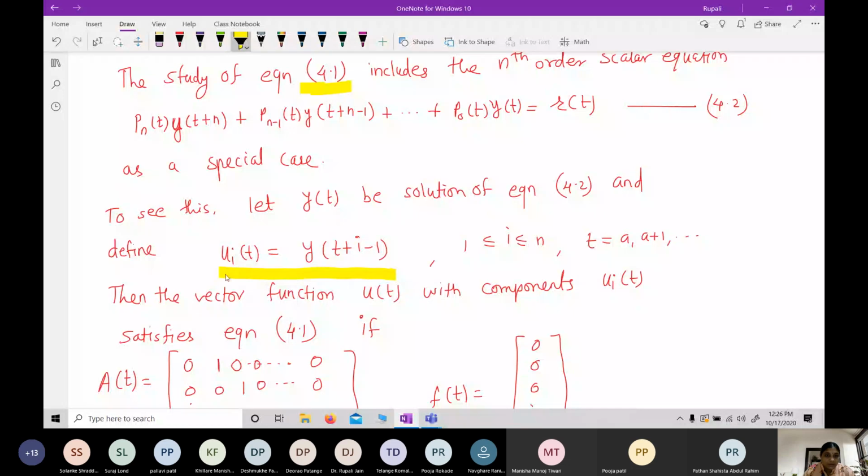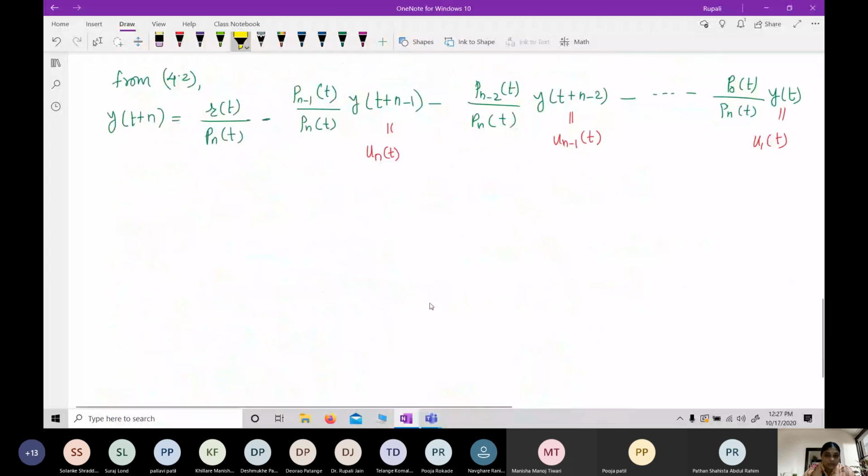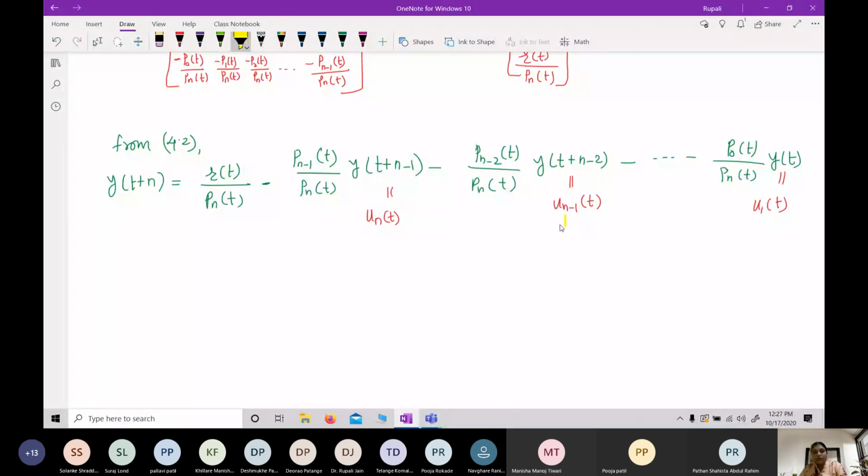So u1t will be yt. What is u2t? It is y at t plus 1. So what is u3t? It is y at t plus 2, and that only I have written here. So this is equivalent to this, and this is equivalent to this by our definition of uit.